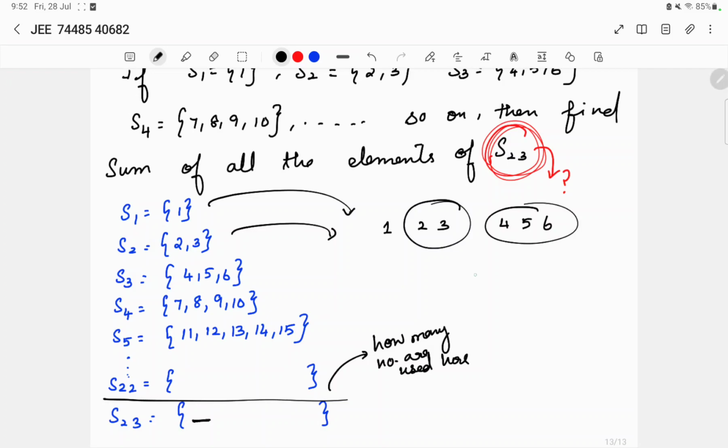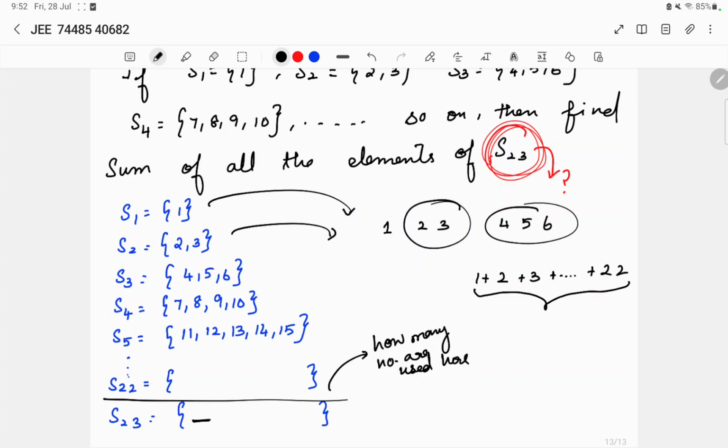So for this, what I can do here is 1 plus, in S1 only one number is used. In S2 two numbers are used. In S3 three numbers are used. Like this it keeps on going. In S22, 22 numbers are used. So if I add this, I can say how many numbers we have used.